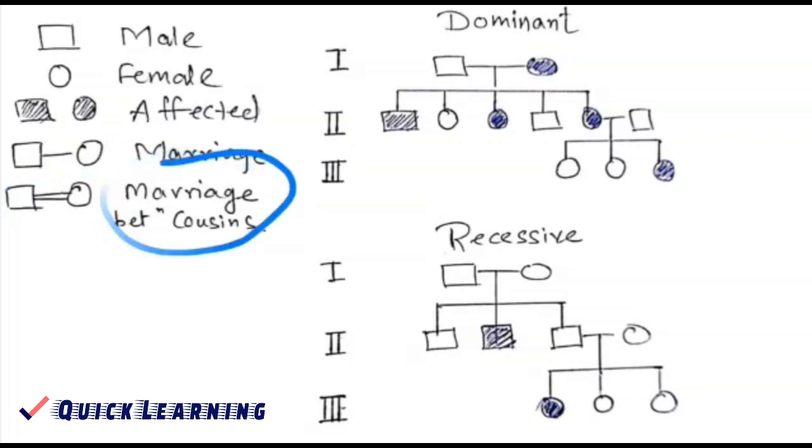Those are called consanguineous marriages. Have you ever wondered that you have some kind of metabolic disorder, and the same disorder is present in either of your parents and even in the grandparents or great grandparents?